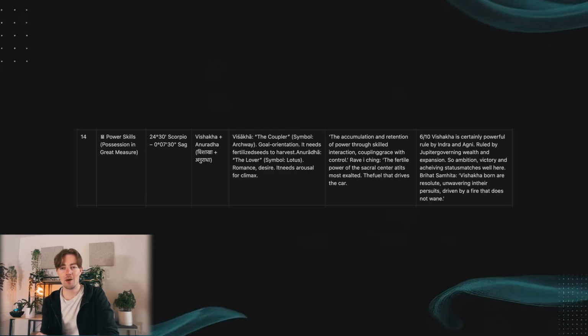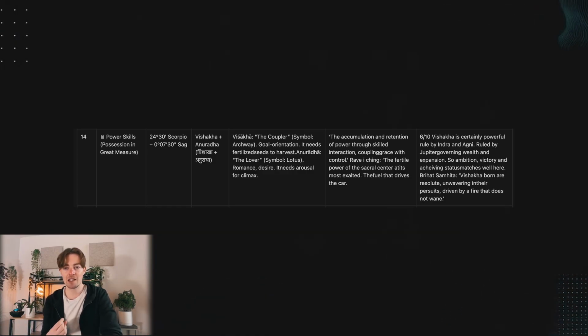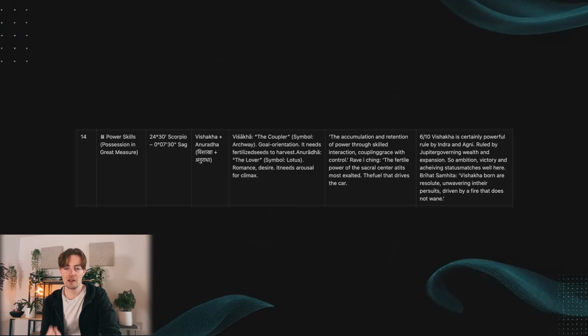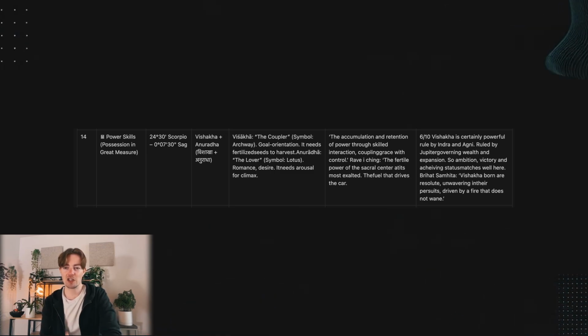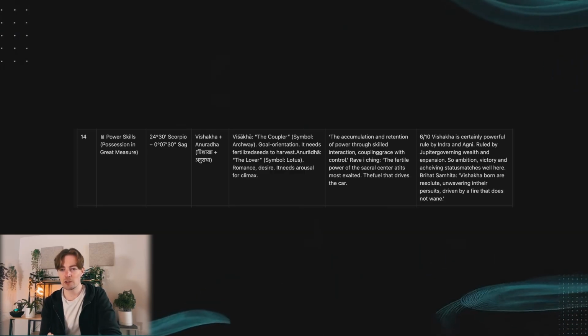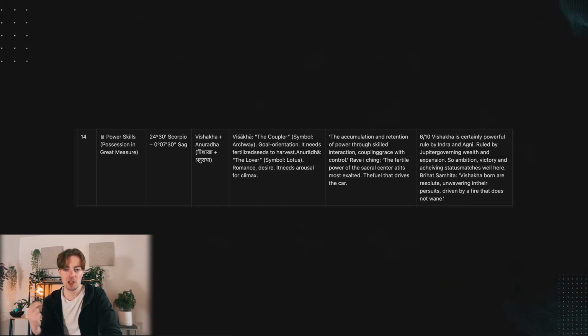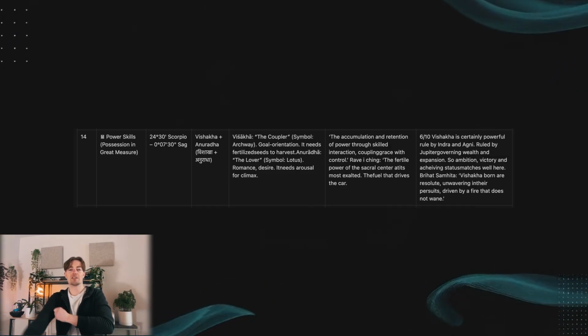Vishakha is certainly powerful, ruled by Indra and Agni, ruled by Jupiter, governing wealth and expansion. So ambition, victory, and achieving status matches well here, power skills and Vishakha. From the Brihat Samhita, Vishakha born are resolute, unwavering in their pursuits, driven by a fire that does not wane. So that feels like power skills to me.